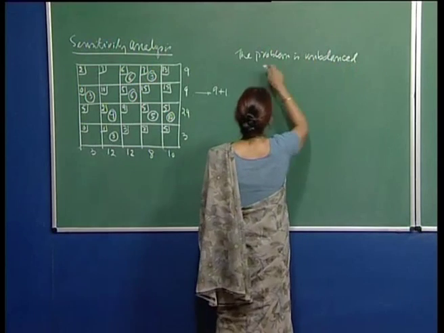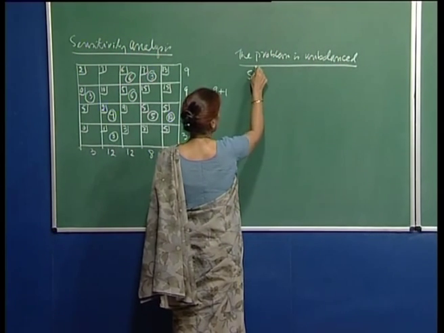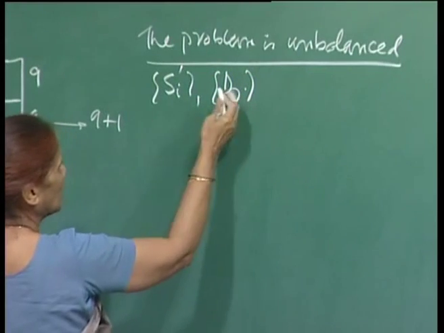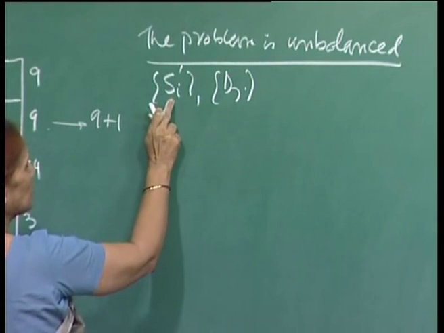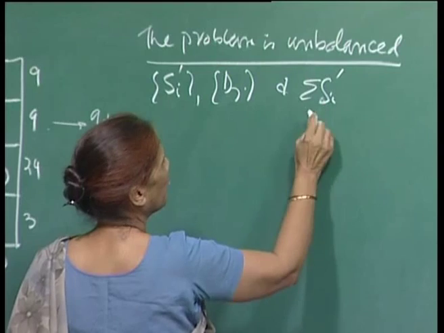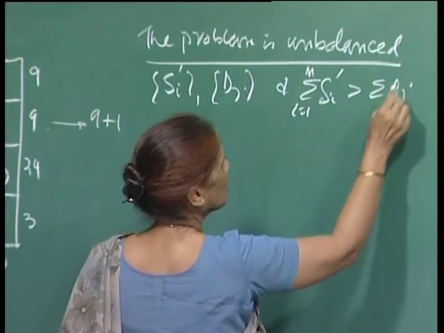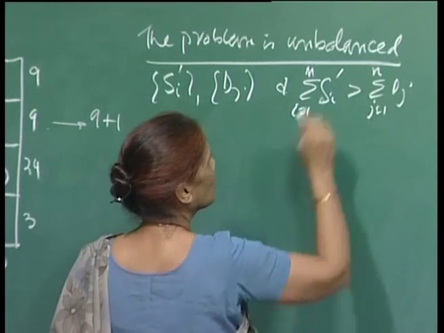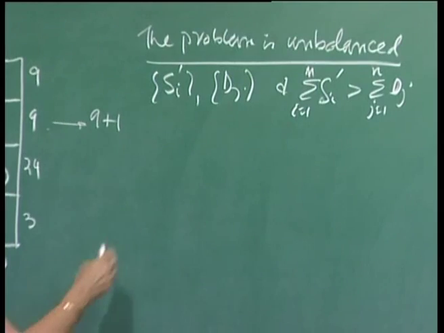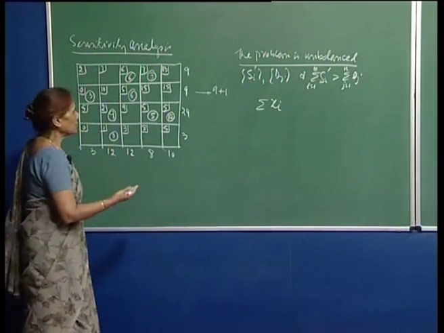That means your S_i primes are there, and you have the same D_j's. I have not changed them, and only one of the S_i's has changed, so the summation of S_i prime, i varying from 1 to m, is strictly greater than the summation of D_j, j varying from 1 to n. So the question asked is where will the surplus show.